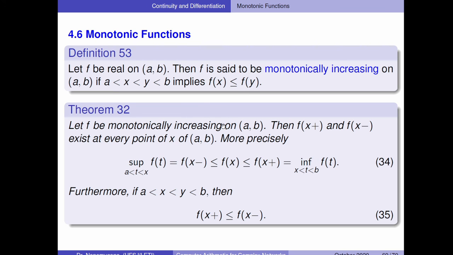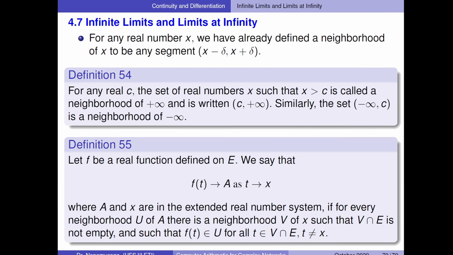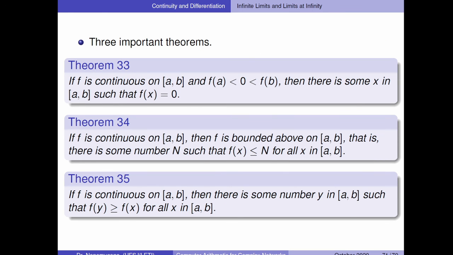You can say it like that if you see the limit on the right or on the left, x plus, x minus, so you can have the same results. Infinite limits and limits at infinity, you use that to extend the previous notions for the extended reals. So it's quite a consequence of what we have said up to now.